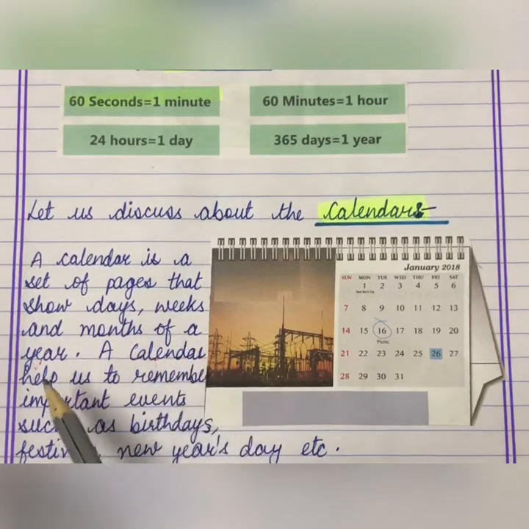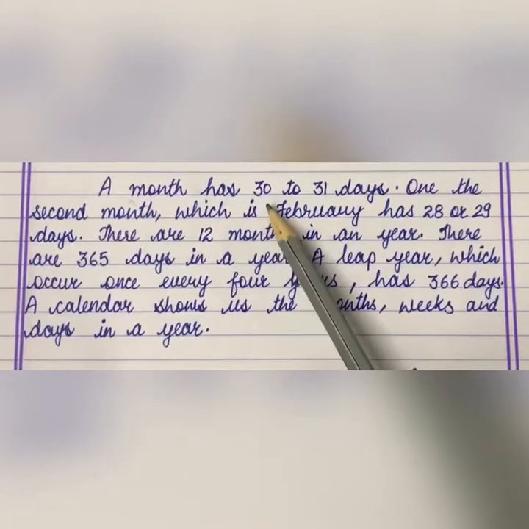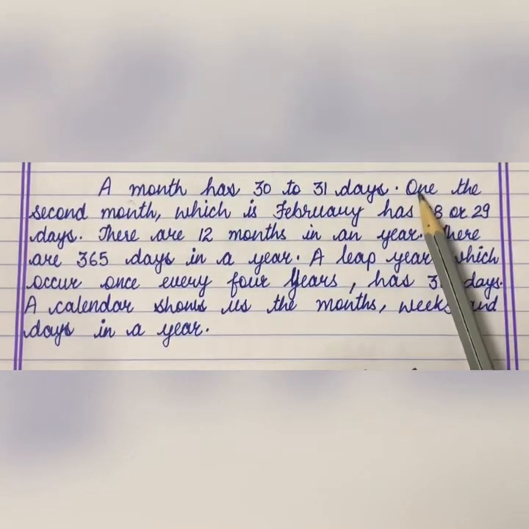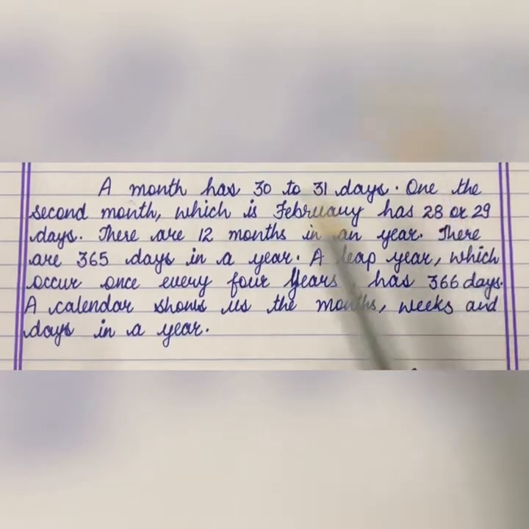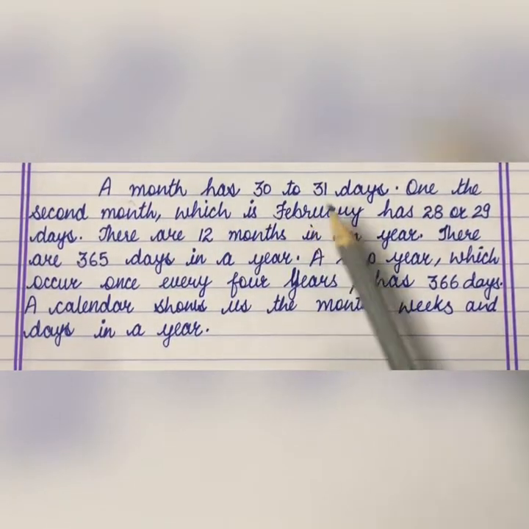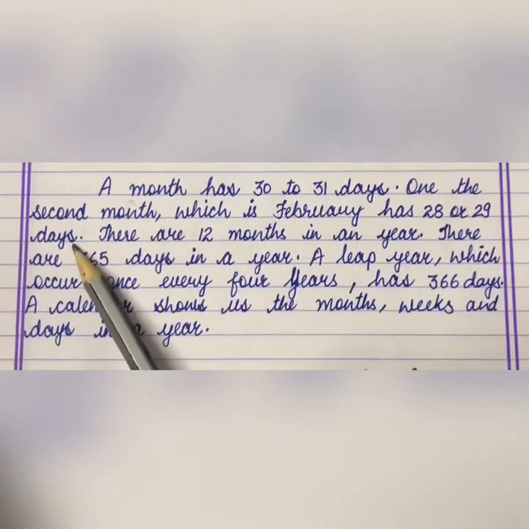A calendar helps us to remember important events such as birthdays, festivals, New Year's Day, etc. A month has 30 to 31 days. The second month, which is February, has 28 or 29 days.